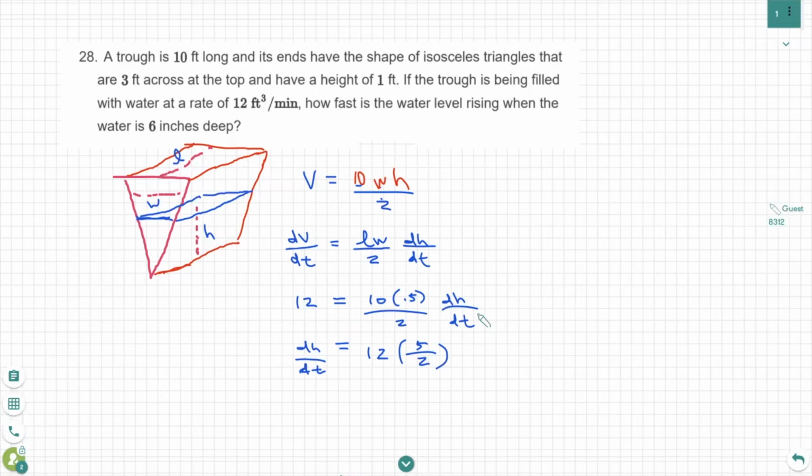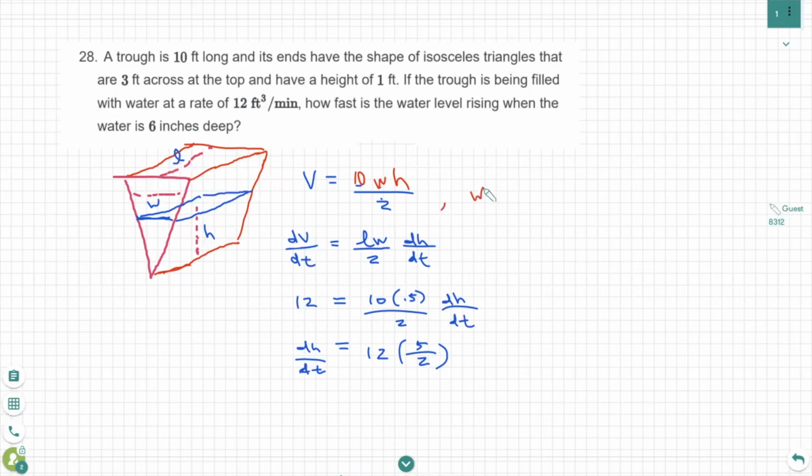The width is 3 feet. It's 3 times longer than the height would be. Exactly, right? Why is that the case?